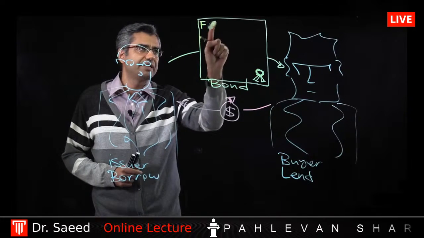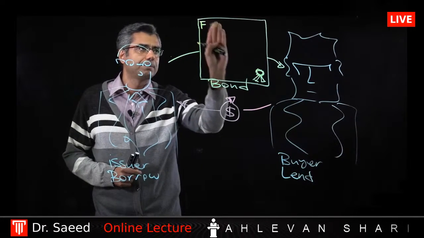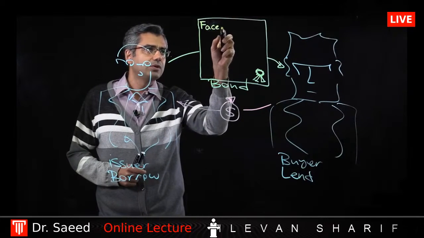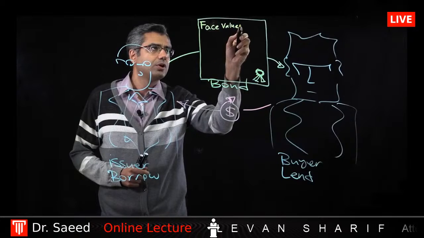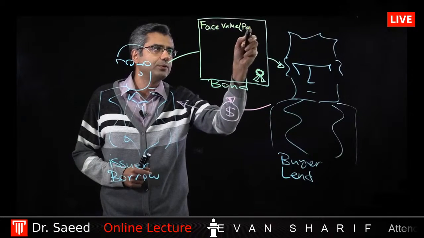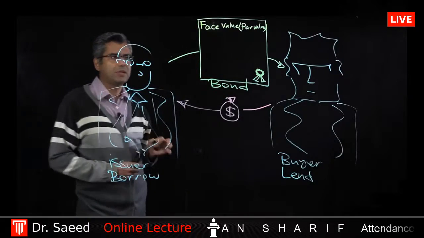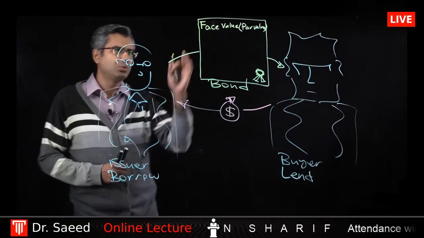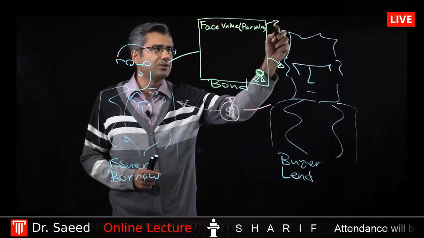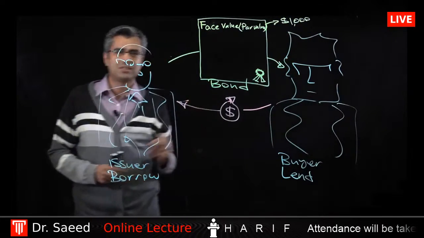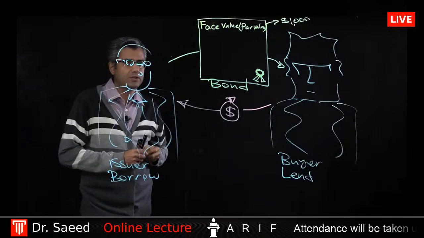So let me write face value here. Face value or par value. This is the principal, and for corporate bonds, in most cases, this is $1,000.